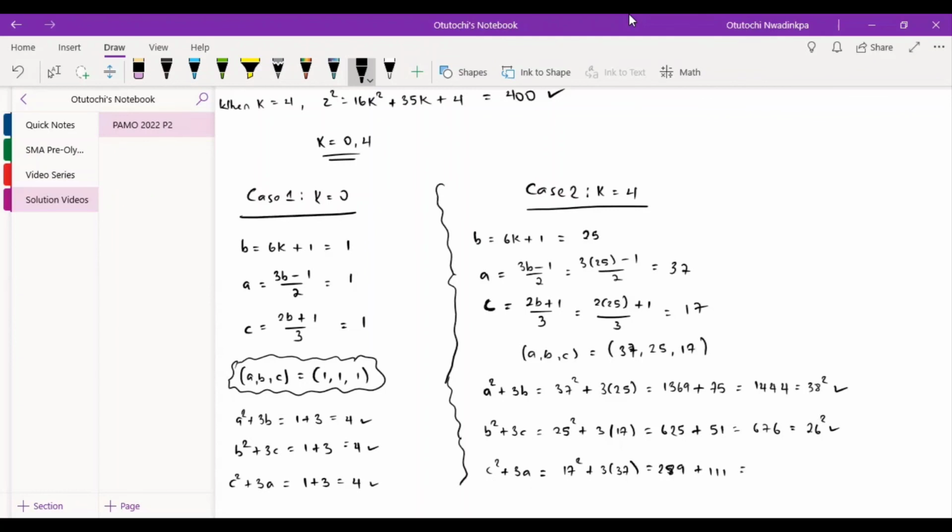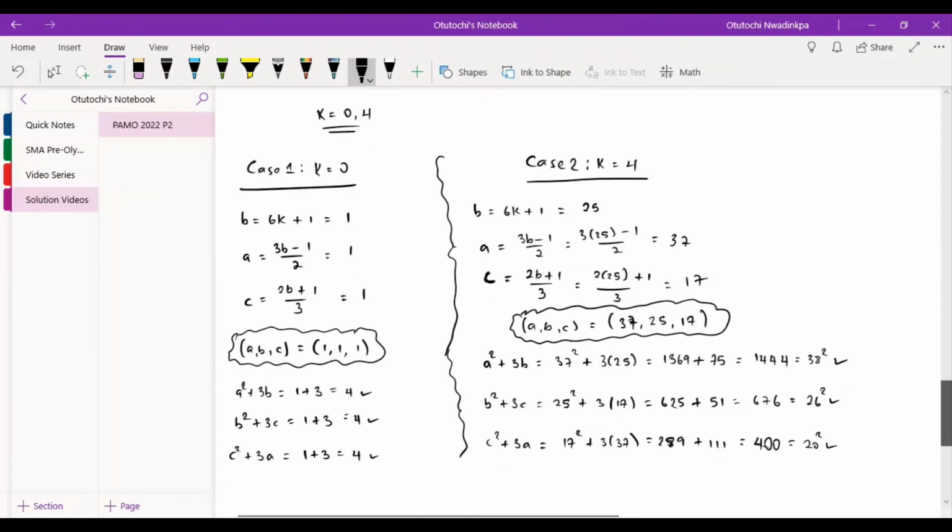And when you sum that up, we have 400. And again, this is 20 squared. So in both cases, k equals 0 and k equals 4, are fine. So we have our solutions, which are (a, b, c) equals (1, 1, 1), and then (a, b, c) equals (37, 25, 17).